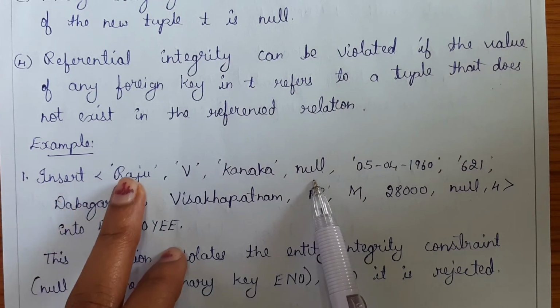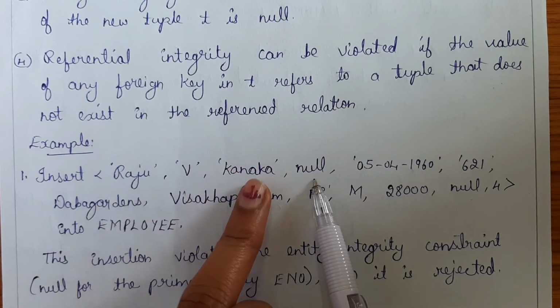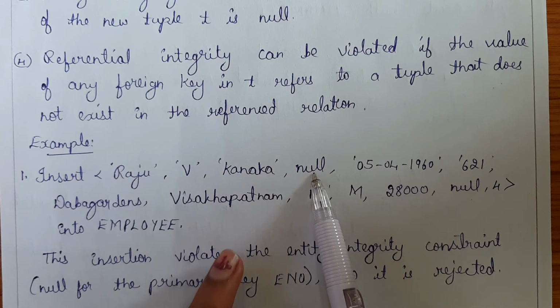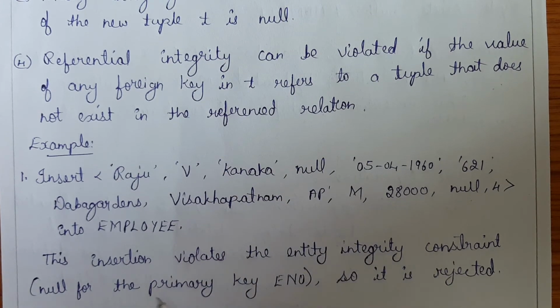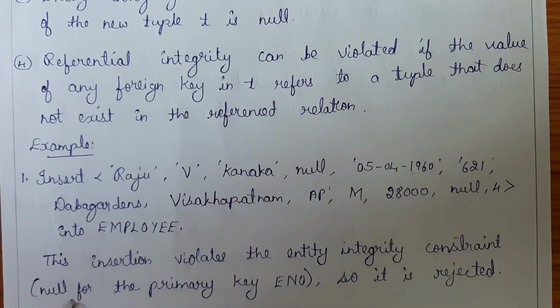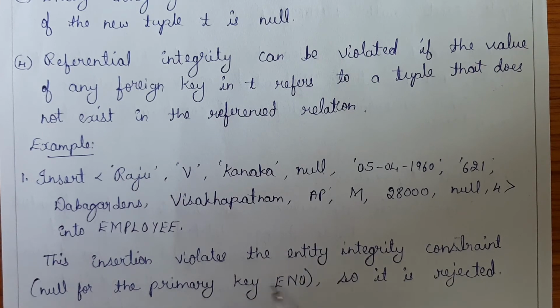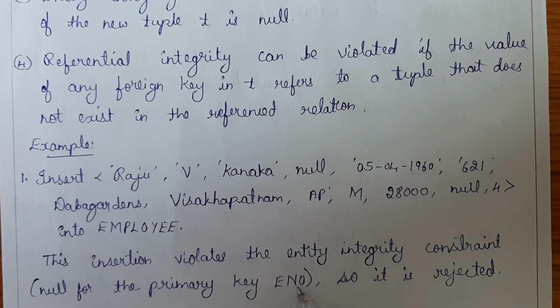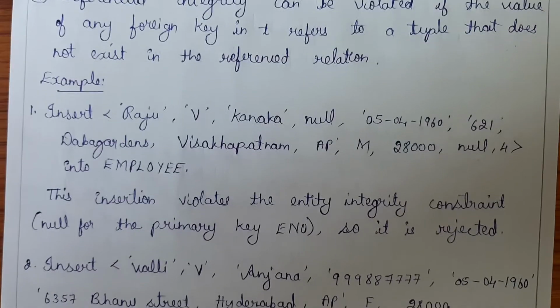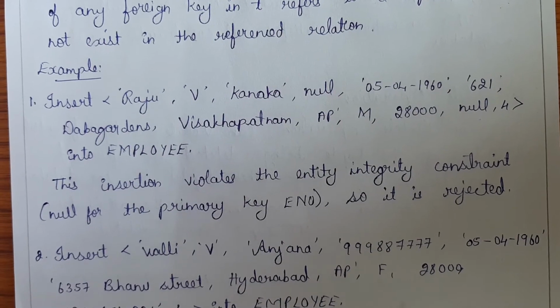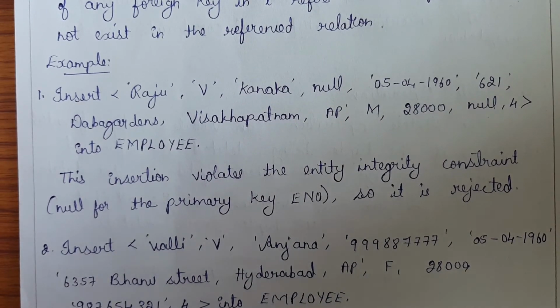We insert the name, middle initial, last name, but your employee ID is null. If it is null, it is not accepted, because null for the primary key employee number violates the constraint, so the particular value will not be inserted. So it is rejected. Next, let us see the other example.